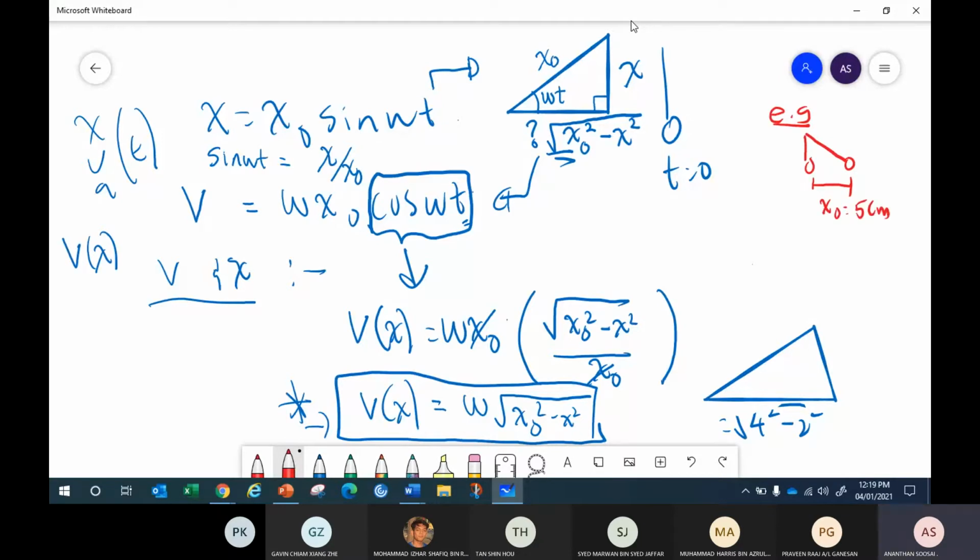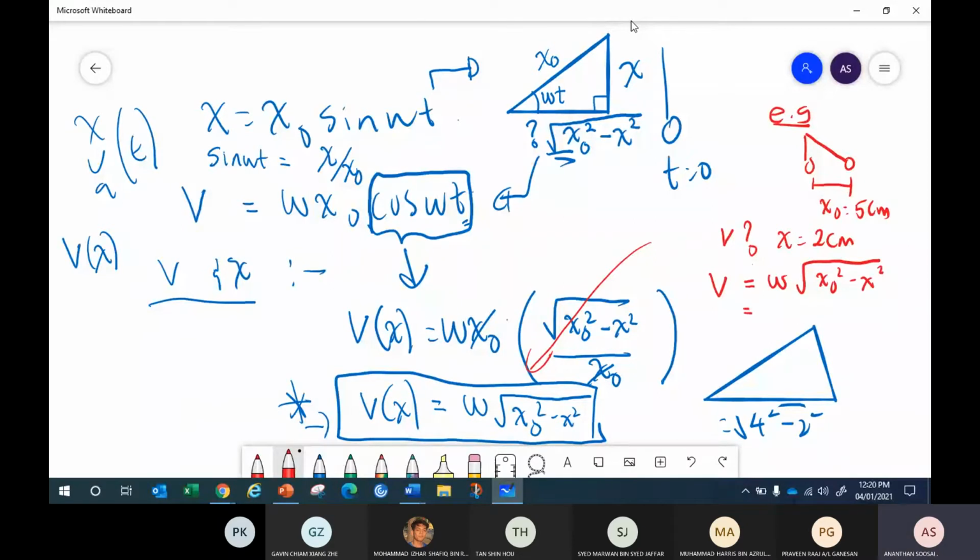I'm asking, what is the velocity of the pendulum when the displacement is 2 centimeter? So what formula must come to your mind? This is the formula: we want V at 2 centimeter. So how do you find the V? Omega root of x naught squared minus x squared.